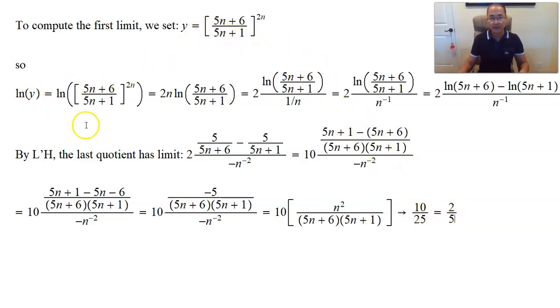we took the ln of both sides. Remember that part? We took the ln of both sides. The limit is 2/5. So y itself, which is this whole thing, will be e to the 2/5.